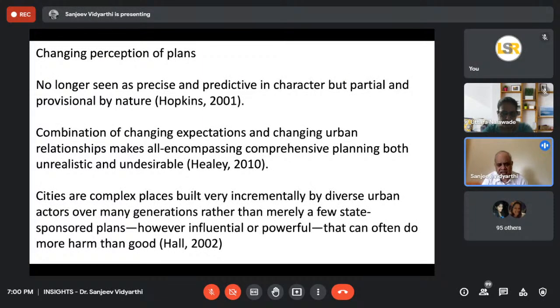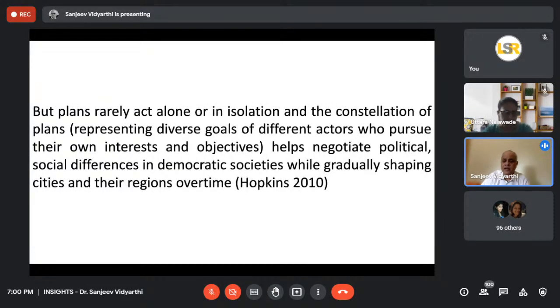State or government likes to think, "Hamara plan koi sabko follow karna hai." That would be the most powerful plan, but it's not true. And oftentimes these master plans can do more harm than good if they've not done judiciously. So that's the changes which have begun to happen. And these plans rarely act alone. Many different plans, as we were talking about, they come together, and we can discuss this more in the discussion section.